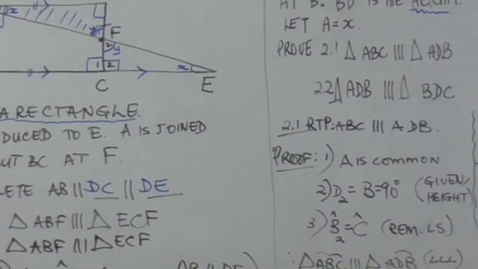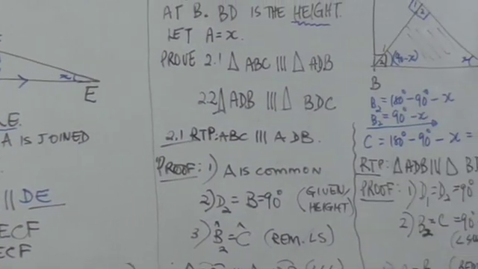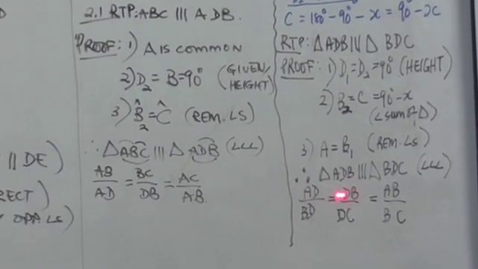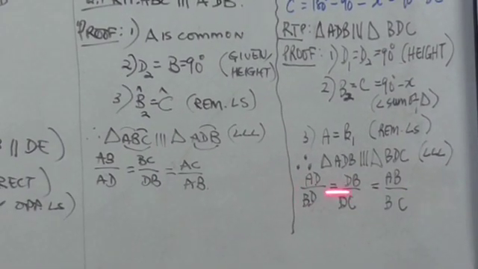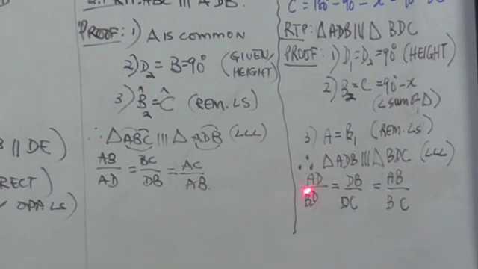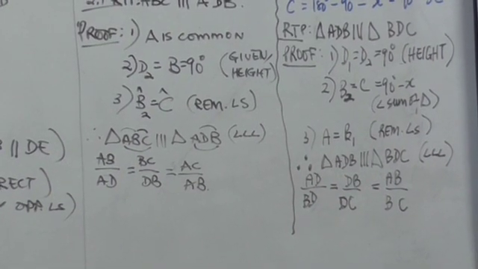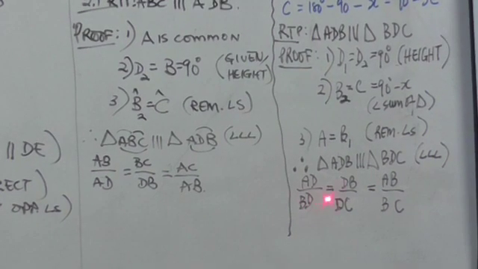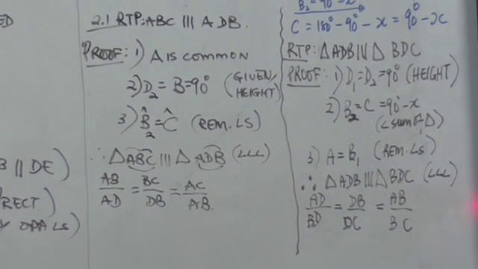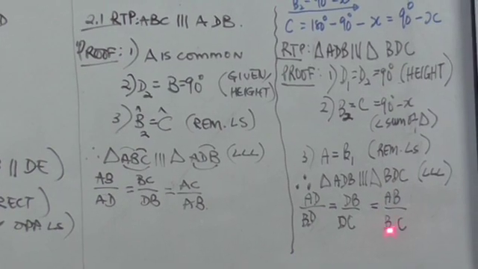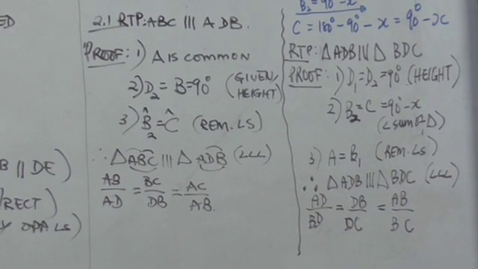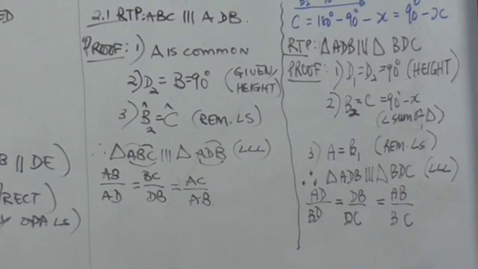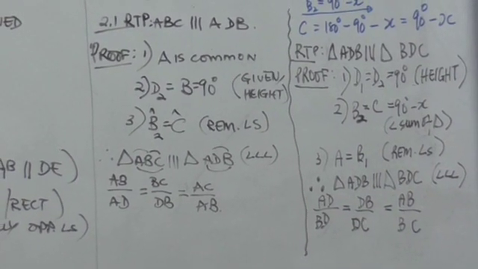Remember that this two forms a proportion, or all three form a proportion. But this alone is a ratio, that alone is a ratio, but all three together is a proportion, or any two together. Any two together will give you a proportion.